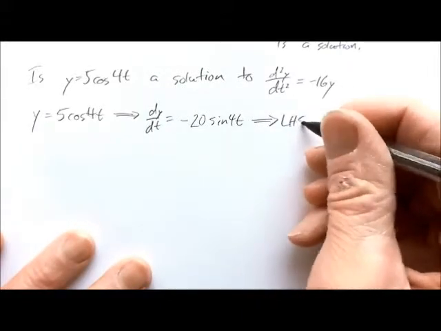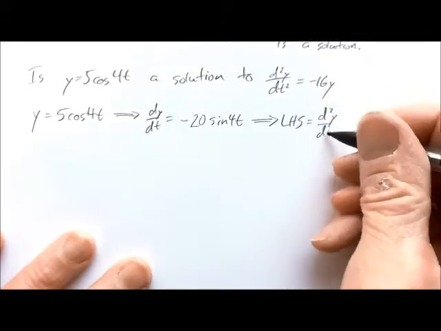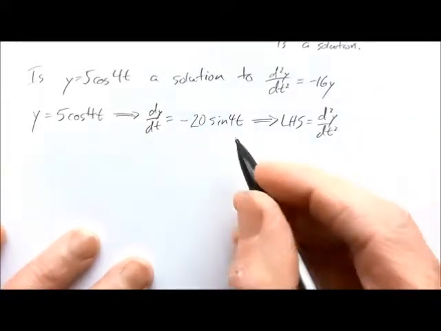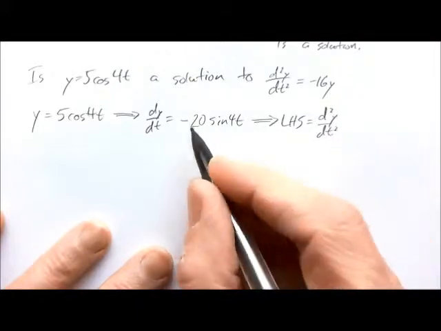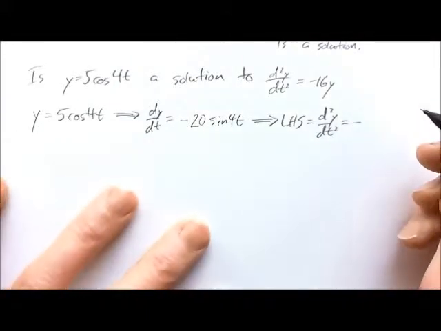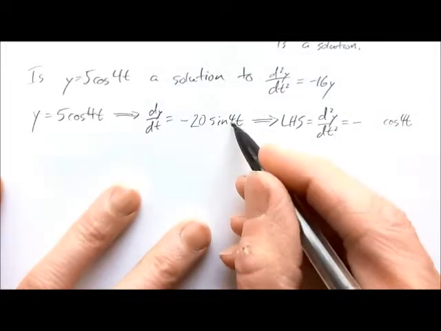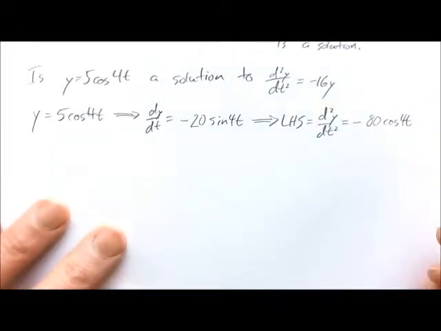So the left-hand side is the second derivative, which is going to be the derivative of sine is just cosine. So this negative sign doesn't change, so we'll still have a negative. We'll have cosine of 4t. But we then need to take 4 times the 20, giving us 80. So that's the left-hand side.